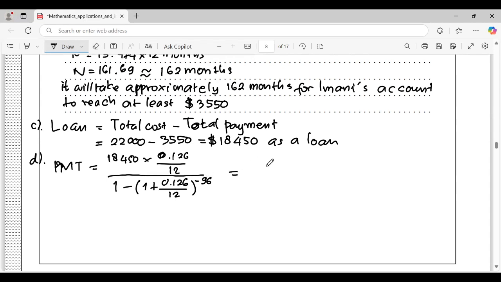And if you calculate, you may calculate by yourself, the result is $306. So every month she has to pay $306.